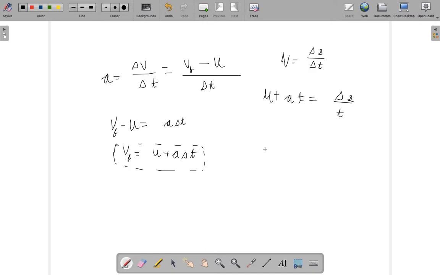So if we rearrange it once again, we end up with displacement equals initial velocity times time plus, oh wait, sorry, I seem to have missed out something.